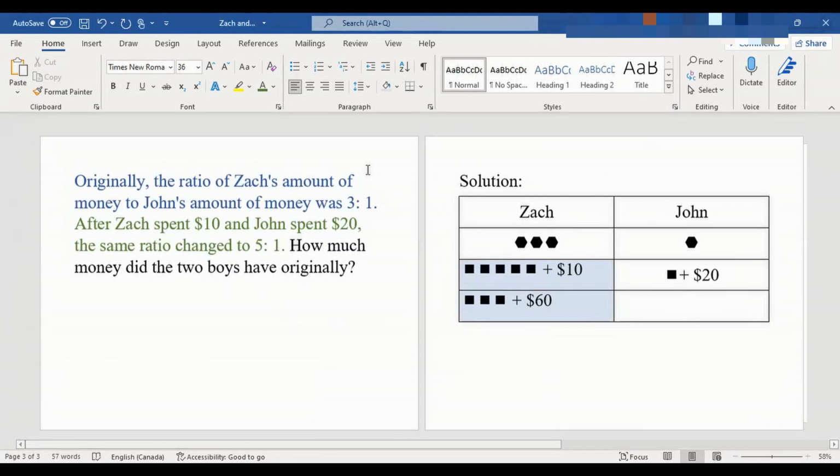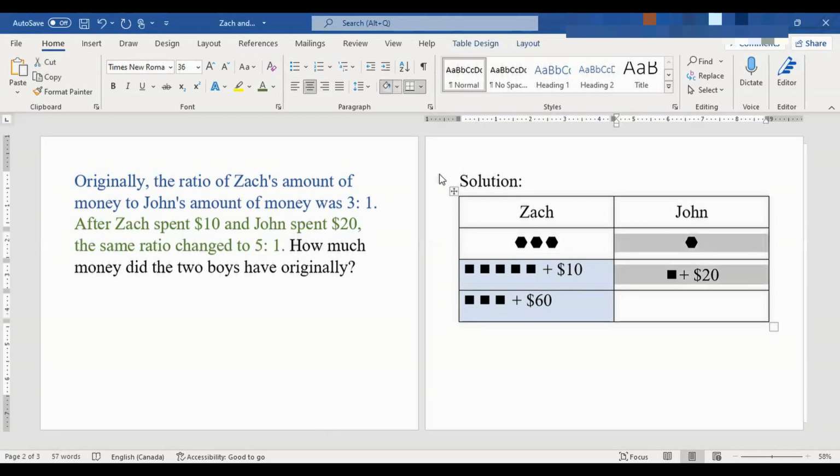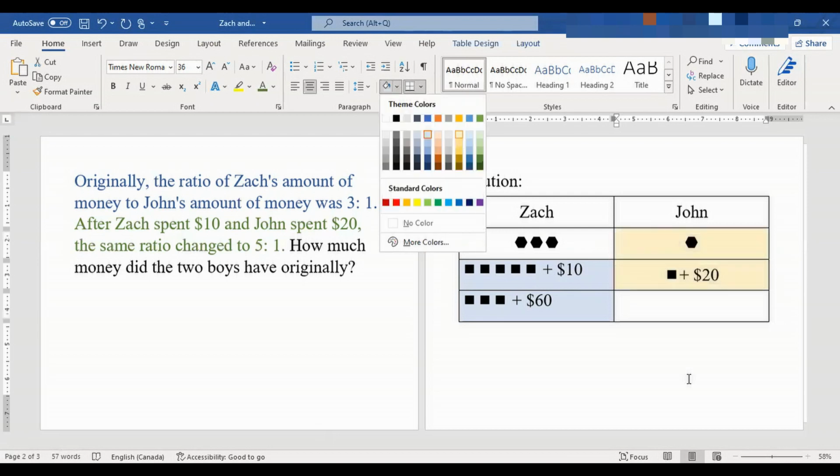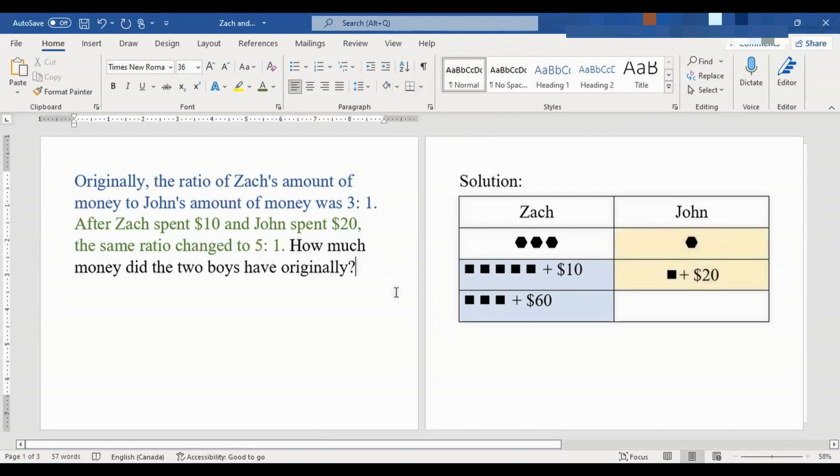Now we want to find out the value of each hexagon. And to do that, this time, we're going to compare two representations that John has. We're going to compare the first one and his second one. Simple enough. So we can see in the first representation, we have 1 hexagon. And in the second representation, we have 1 square plus $20. And we know these are equal as well, since both represent the same original amount of money John had.